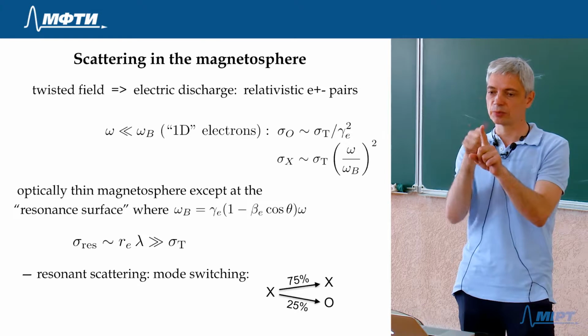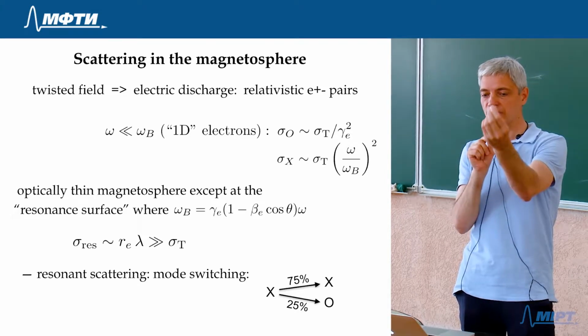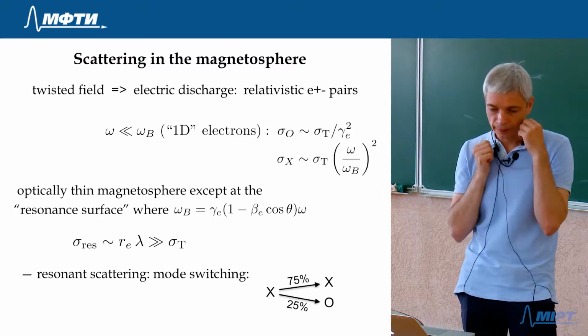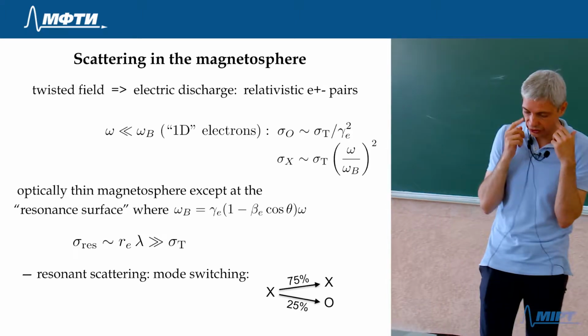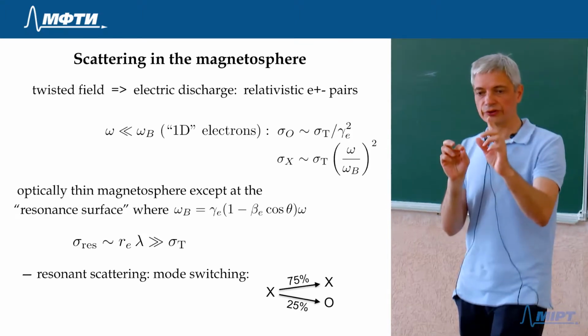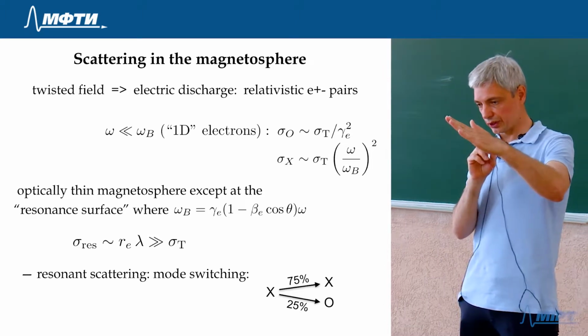So there is some plasma particle, let's say an electron, in the magnetosphere, which can scatter the keV photon propagating from the stellar surface. And this resonance scattering is a rather simple thing. You can think of the target, the electron, living in the ground Landau state.